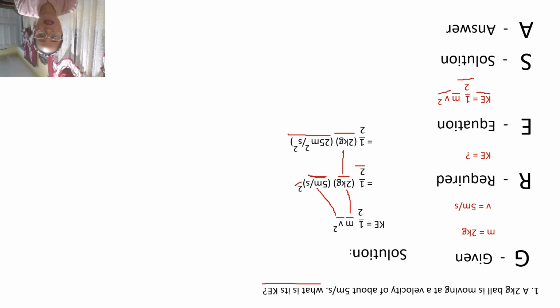Since the value of our velocity here is 5, 5 times 5 is equal to 25. Then meter times meter is equal to meter squared. Then second times second is equal to second squared.